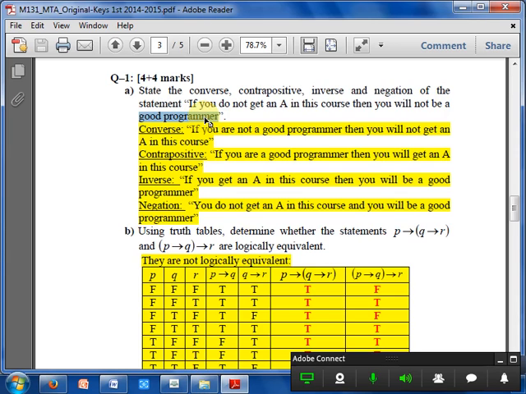What is the opposite of this? If you do not get an A, you will be a good programmer. It is from the inverse side.